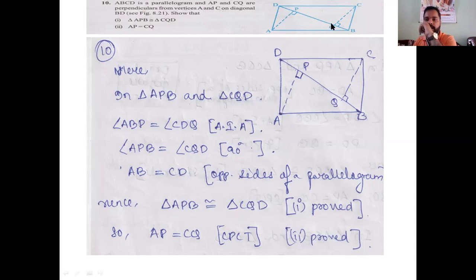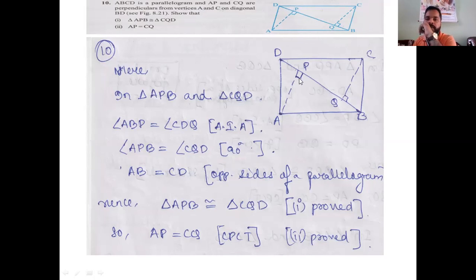APB, CQD. So first of all, you can see here, it has 90 degrees on both sides. So immediately you must think of RHS. Because here you have a right angle, but also you need one hypotenuse, and its hypotenuse is AB and its hypotenuse is CD.